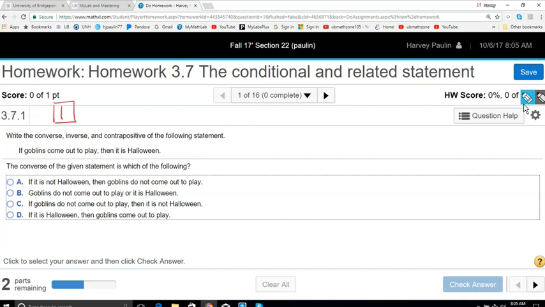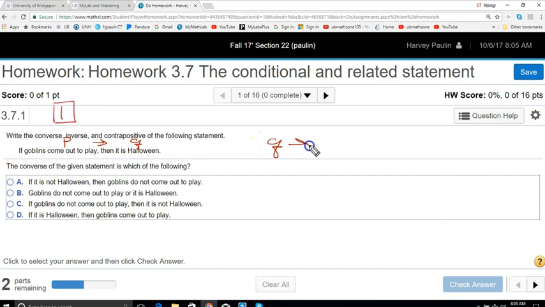And basically, I think the best strategy would be to identify your statements. If goblins come out to play, this is going to be P. Then it is Halloween. That's going to be Q. So again, you're going to follow, for the converse, reverse them.